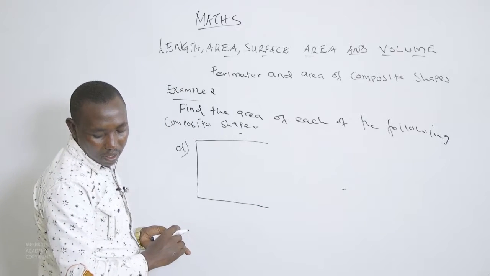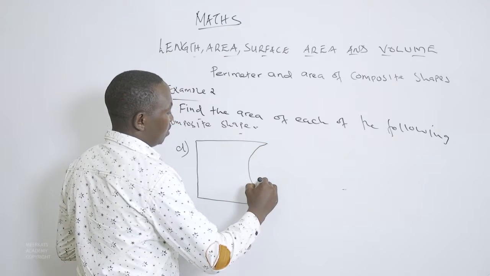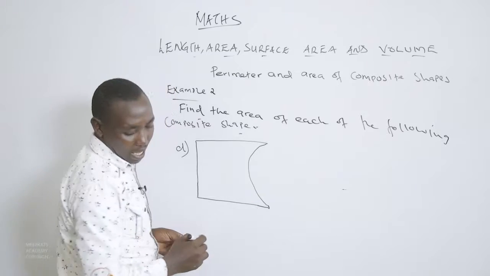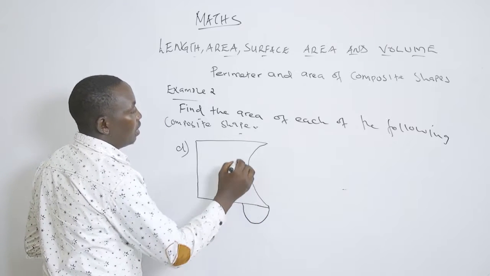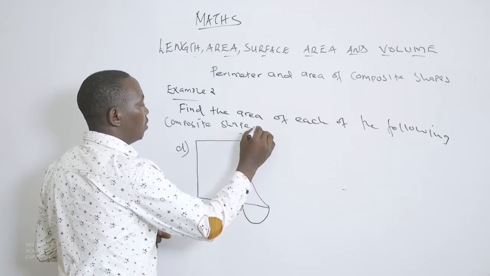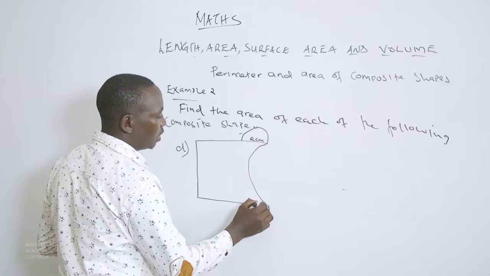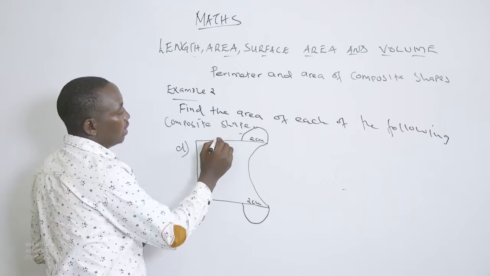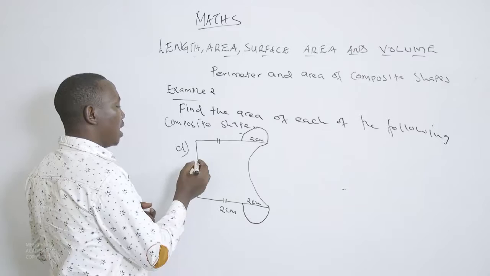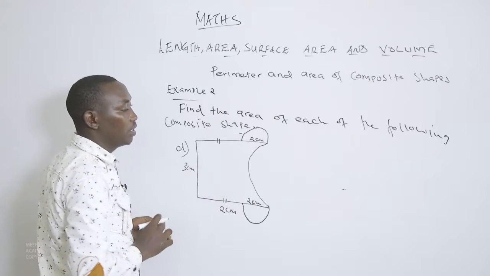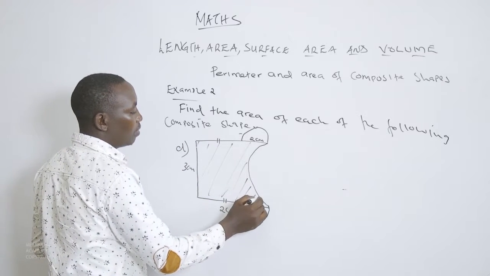So we have a rectangle, which has been chopped from the inside, and we have an additional part there, also there, which are measuring 2 centimeters by 2 centimeters. And we are also told that this side is equivalent to this side, which is 2 centimeters, while this side is 3 centimeters. We are supposed to find the area of this particular shape.